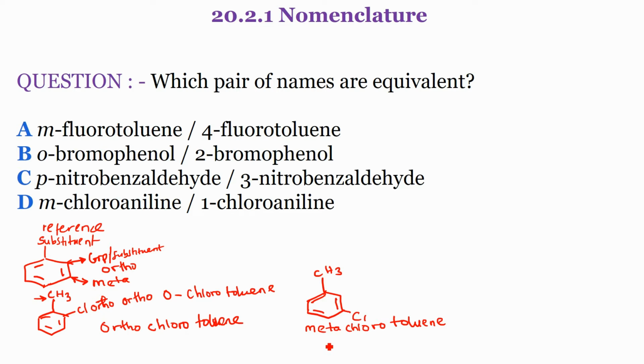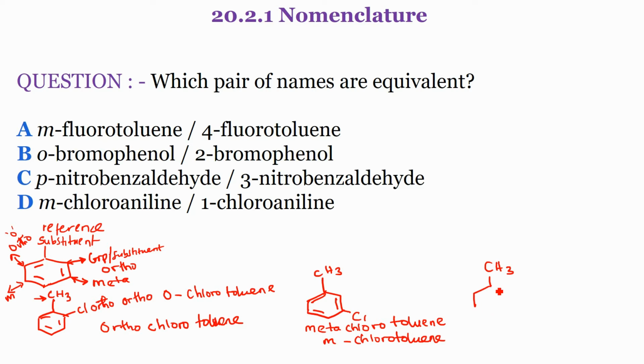The meta part can be abbreviated with an m. If you're typing, it has to be italicized. Notice that you have two orthos and two metas. This other side is equally an ortho, and this side here is equally a meta.